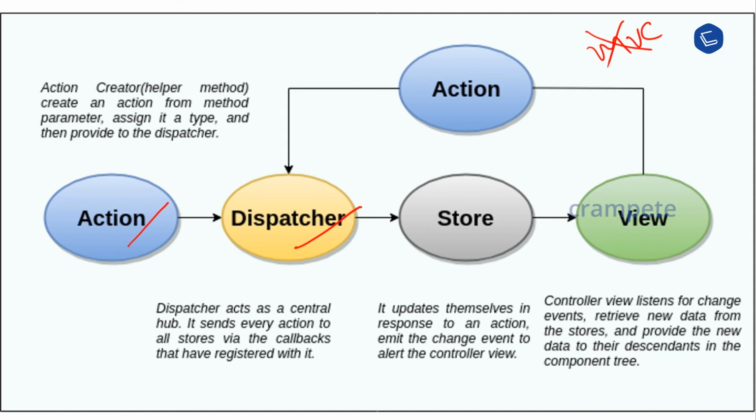So, the action creator helper method creates an action from the method parameter, assigns it a type and then provides it to the dispatcher. The dispatcher acts as the central hub and manages all data flow of your Flux application. For example, it is a registry of callbacks into the stores.